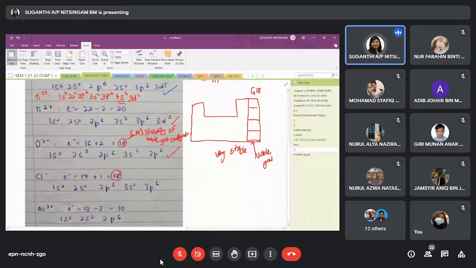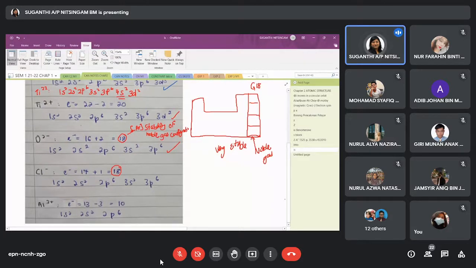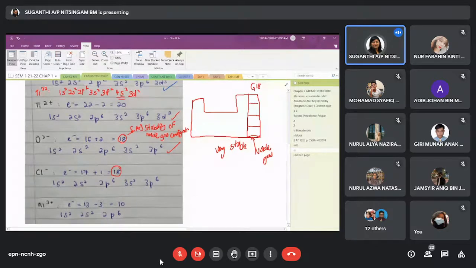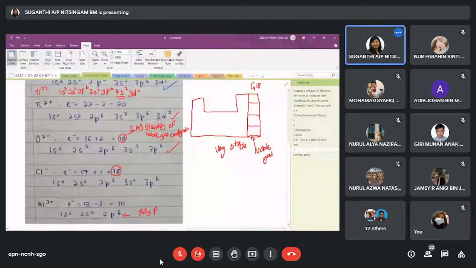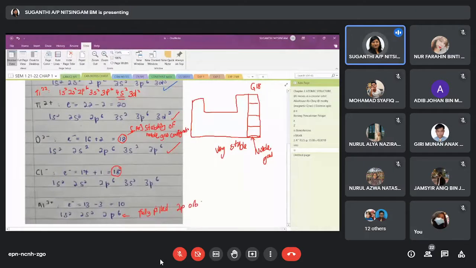Al3 plus becomes 10, that is 13 minus 3. So 10 is also a fully filled 2p orbital. It is stable.